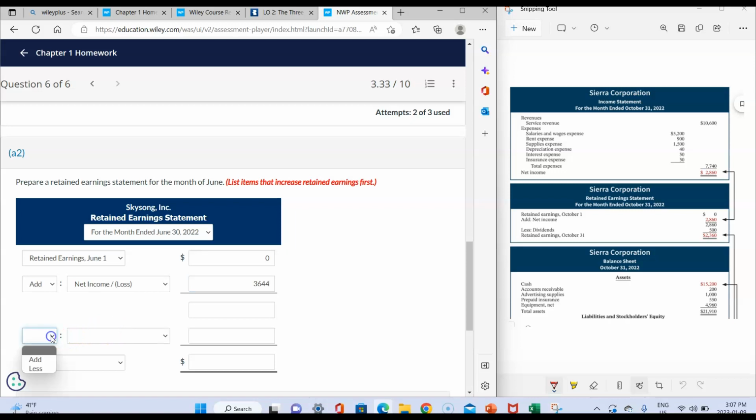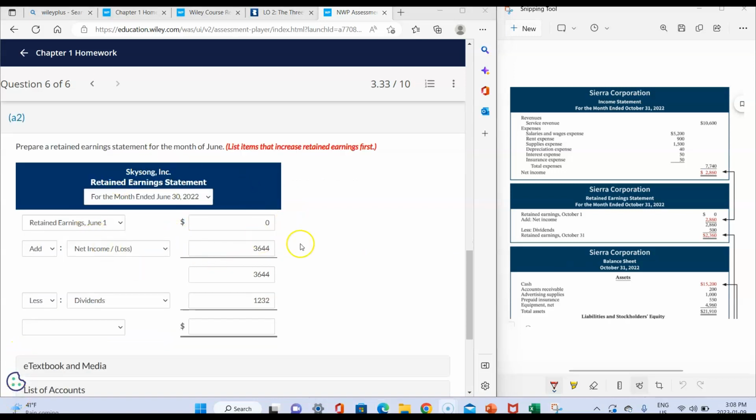And I'm subtracting the dividends paid out during the year. So this statement is telling the story of what earnings were retained in the company over this month.